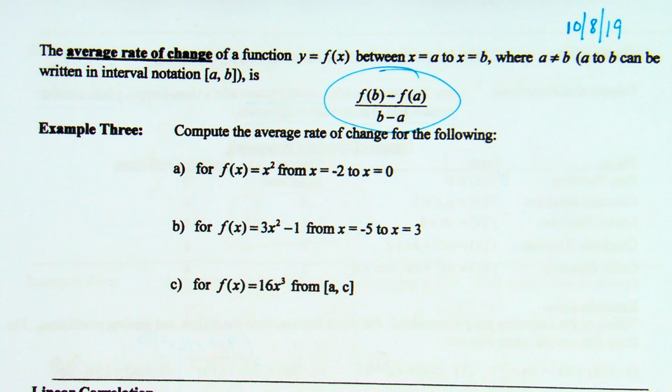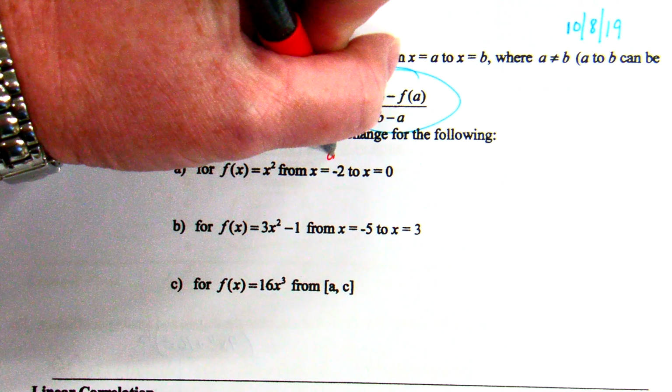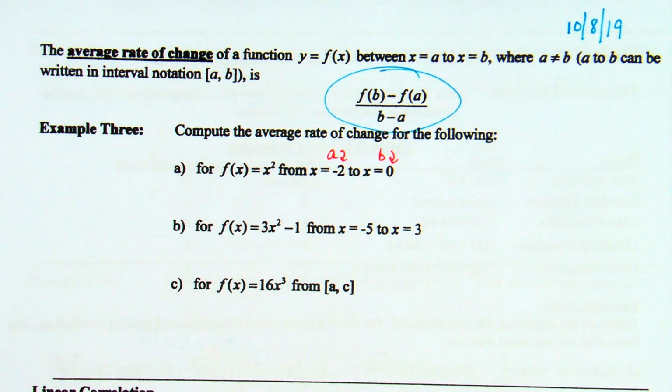So first of all, we need to identify our a's and b's. Our a and b values are negative 2 and 0. I tend to go with a being the smaller of the two and b being the bigger of the two. Although, unless I'm overlooking something, it shouldn't matter. If you switch your a and b, we should in the end wind up the same.